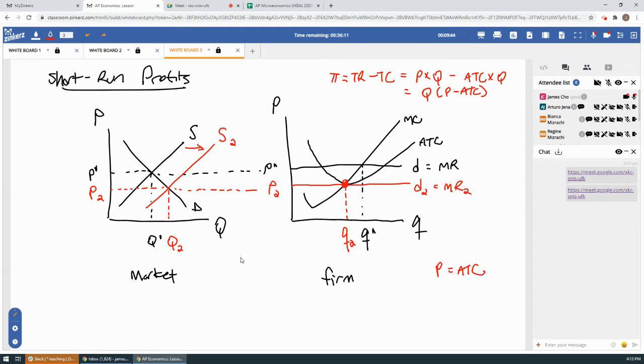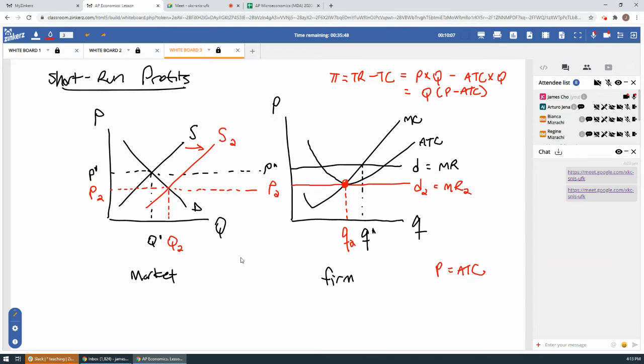I have a question. The average total cost doesn't move because of the homogeneous product? No, it's because, what caused the price to move? Why is the price now at P2? The supply. Okay. And what caused the supply to move in the market? The extra firms came in.